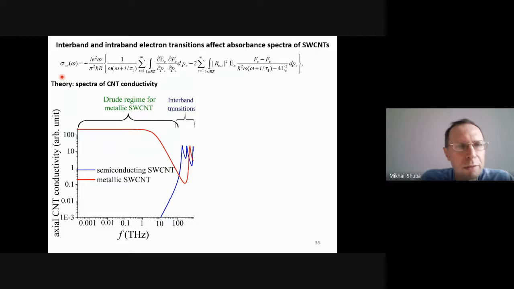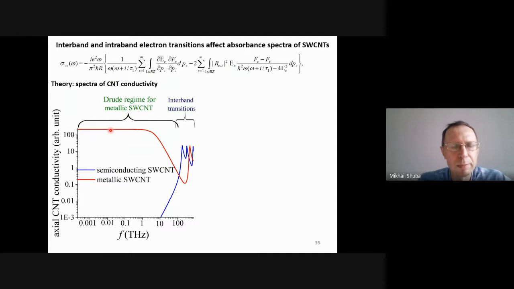Here there is an analytical formula for the surface conductivity of a carbon nanotube found in the tight binding approximation. This formula takes into account intraband and interband transitions in the carbon nanotube.